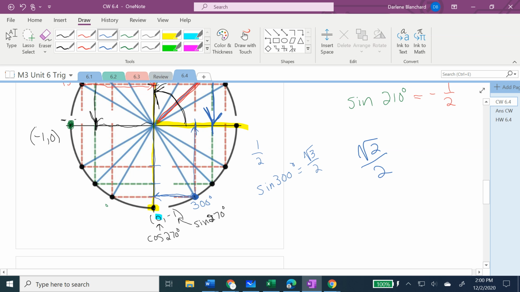Negative, I forgot negative, because it's on the negative. Yes, that would be the answer. And then the cosine of 300 degrees would be asking what is the x-coordinate at this point, and it's on the positive x-axis, and it's the first one away from the origin, so it's positive 1 over 2.